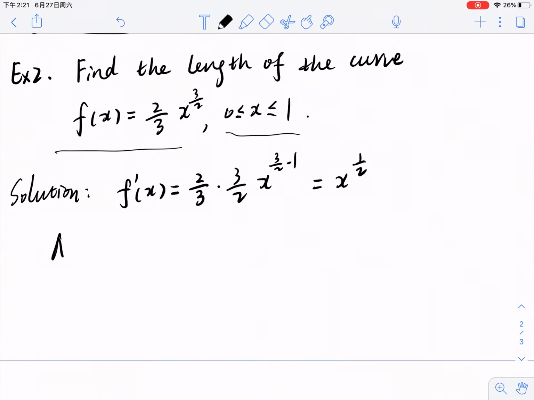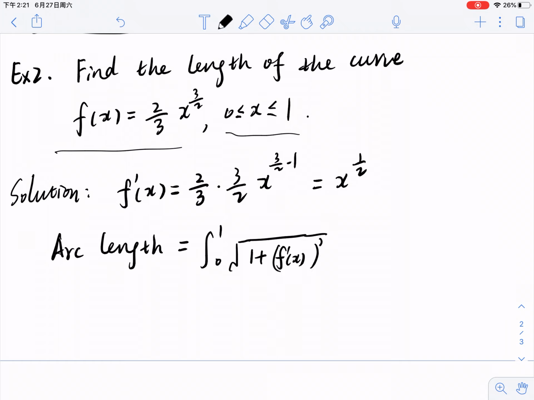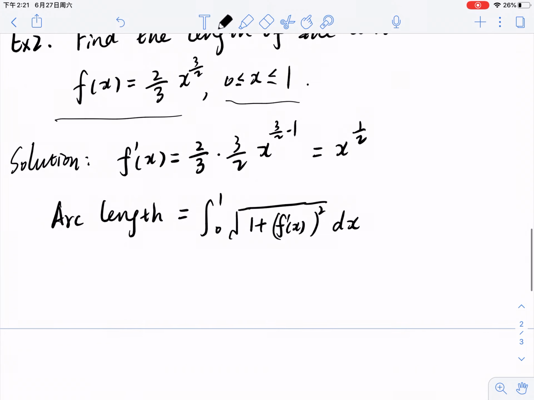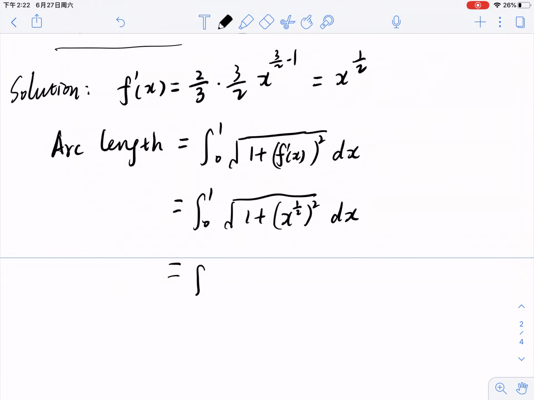So we get the arc length by the formula. This is equal to the integral from 0 to 1 of the square root of 1 plus f prime x squared dx. So this is the integral from 0 to 1 of the square root of 1 plus x to the 1/2 squared dx, which is the integral from 0 to 1 of the square root of 1 plus x dx.